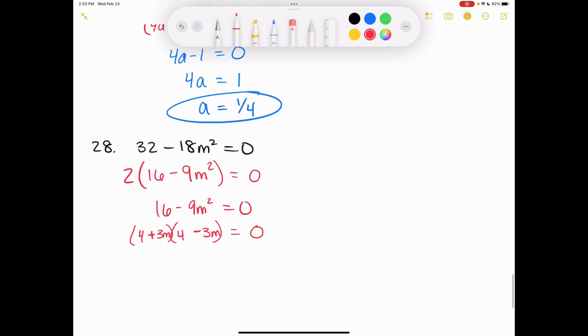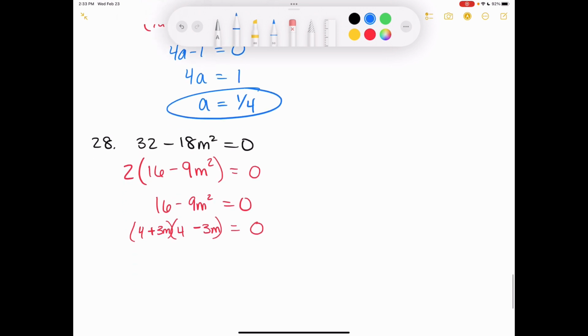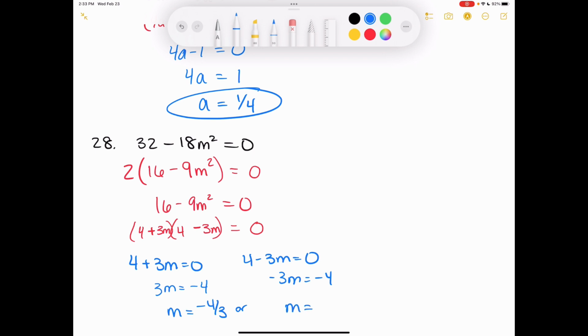Now I'm going to split it and set both pieces equal to 0. So I'm going to have 4 plus 3m equals 0 and 4 minus 3m equals 0. 3m equals negative 4, m equals negative 4/3. Or the other one, negative 3m equals negative 4, divided by negative 3, m equals 4/3. And those two would be my answers.